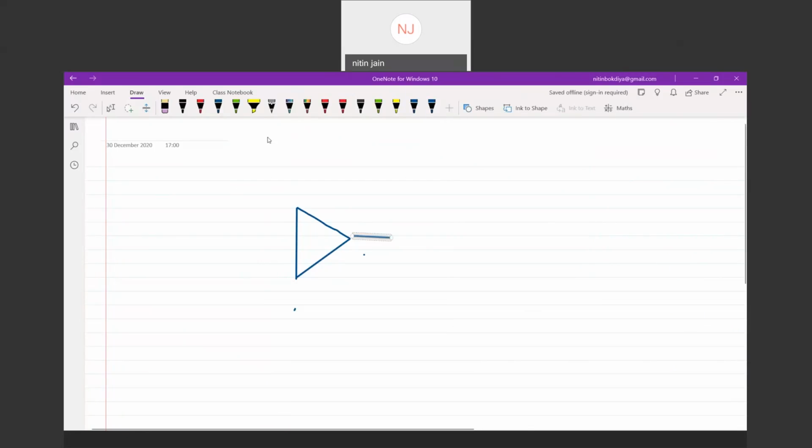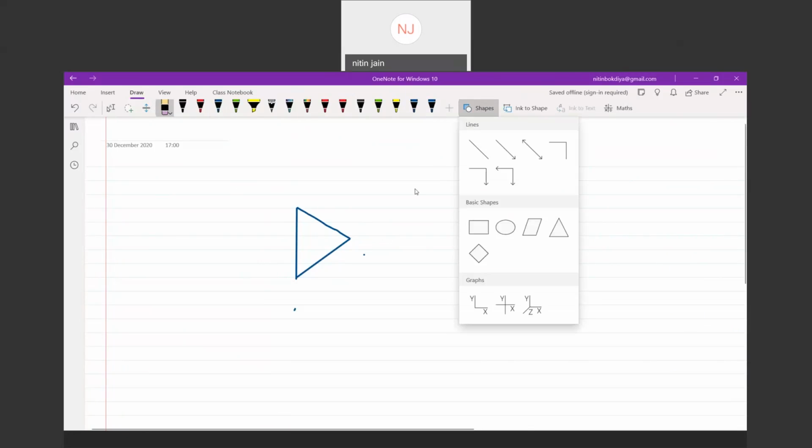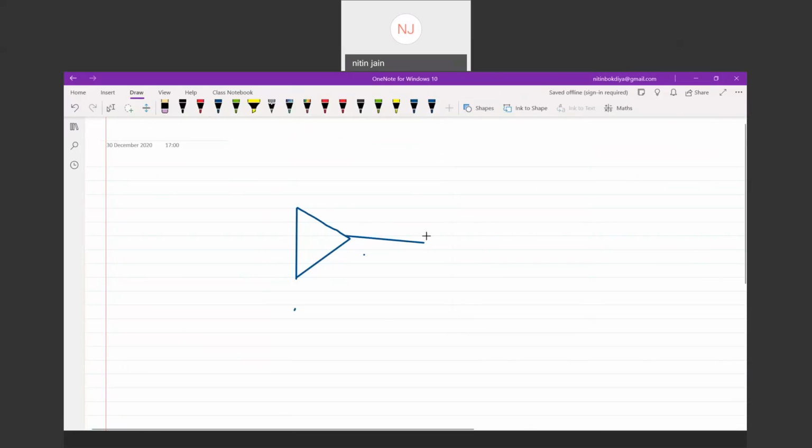This is one capacitor. This is minus. This is plus. This is 3 kilo ohm.